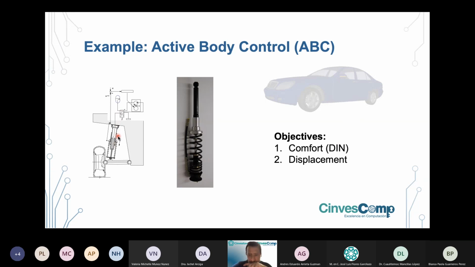I mean the adjustments. And the 2 objectives were the comfort. In Germany, they even have a DIN norm, an industrial norm for the comfort. And comfy means that you drive around and you feel fine, you don't feel the bumps, right? So the damper takes everything out. But also you would like to have a safe car, of course, and that is the displacement. Displacement means you would like to follow the car.